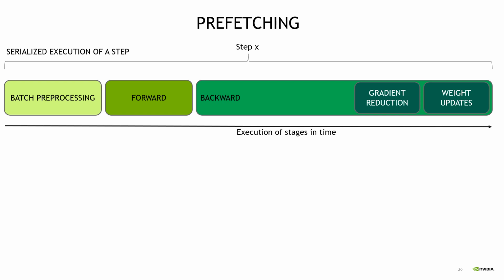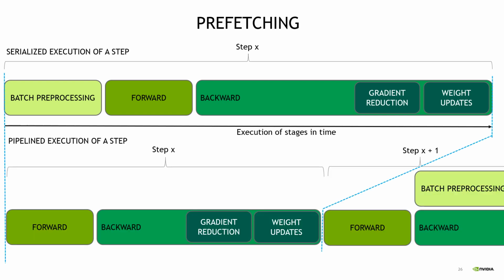This is step number 0, for instance. This is the first step that you go across. But while you are doing the forward and the backward propagation, you can start prefetching data for the next step, okay, for step x+1. So this is something that DALI is capable to handle.